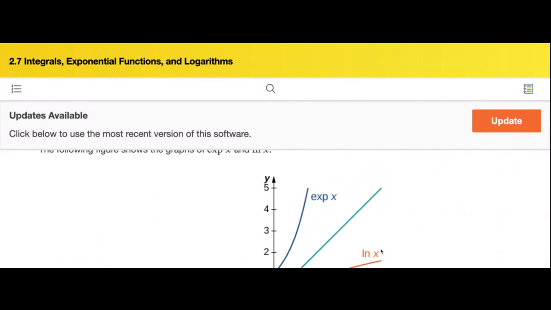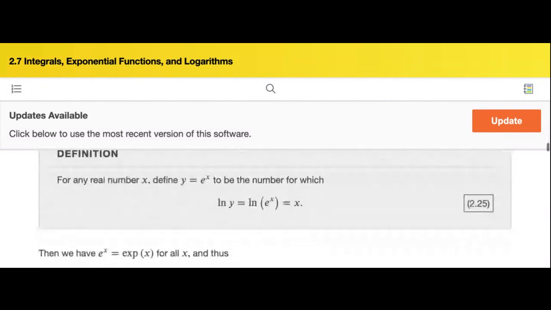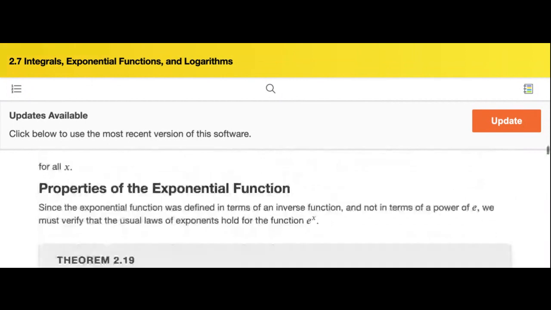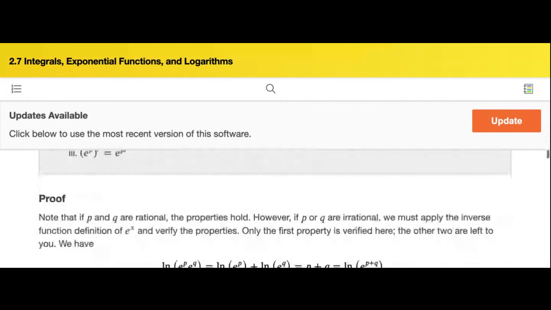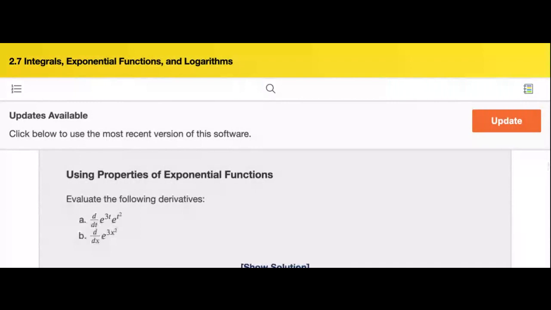Any inverse functions are symmetric about the line y equals x. So ln e to the x equals x, because of all the properties.